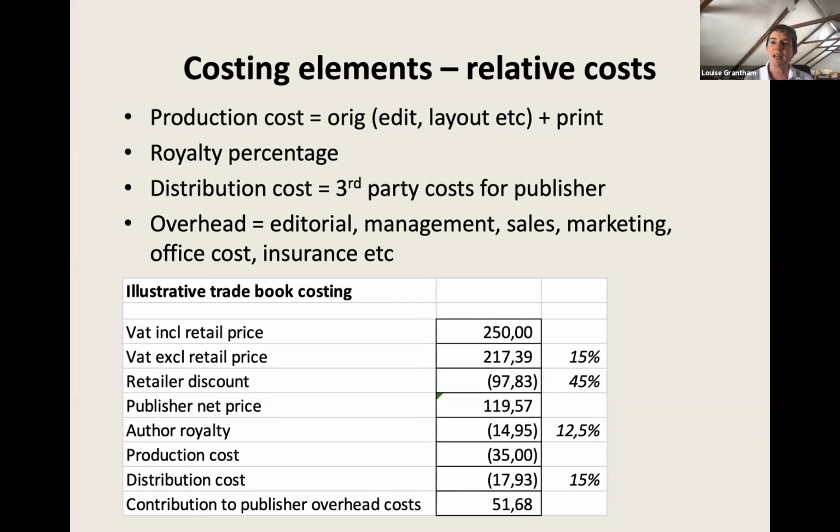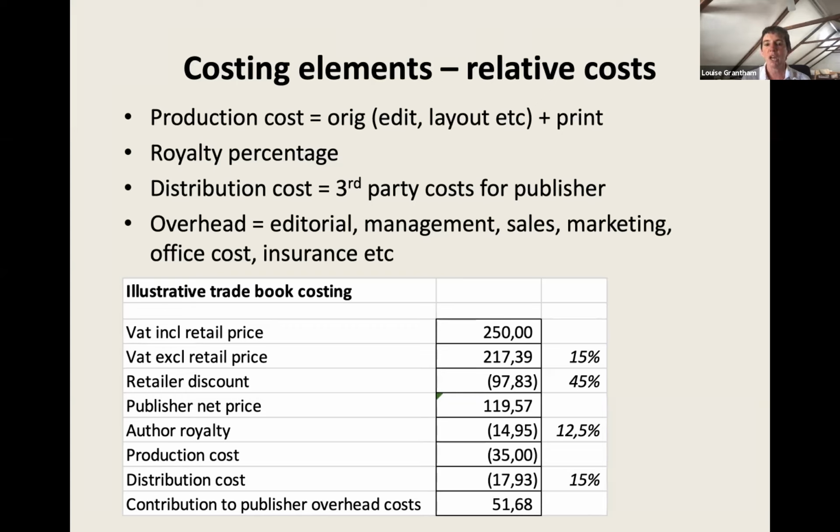It depends, again, on the type of book that it is, and the relative costs of the authoring versus the other things that go into the book. So sometimes on books that are very expensive to produce, the publisher may say, the only way I can publish this is to pay a lower royalty.